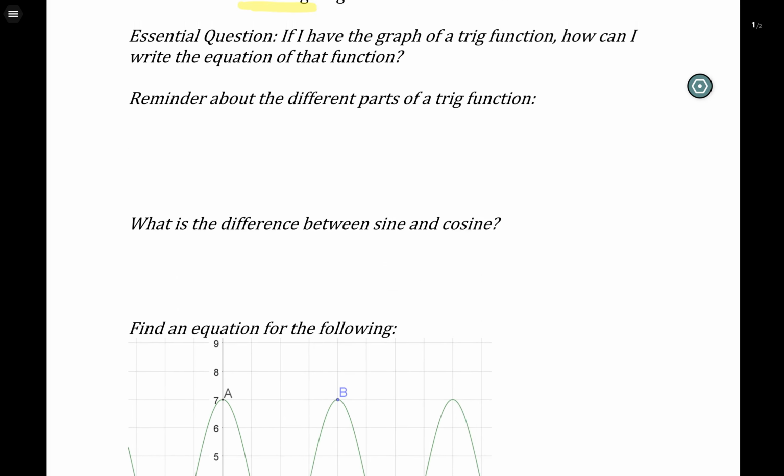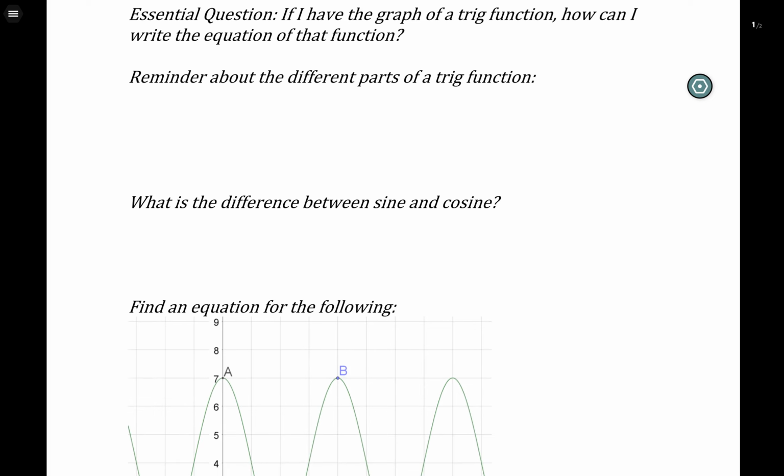In order to make the equation from the graph, I need to remind myself about the different parts of the trig function. So let me just remind you, we have a sine bx plus d. Now, problems that we did in class sometimes had a horizontal shift in here that we would maybe call c. All the problems I'm going to give you aren't going to involve that horizontal shift left and right. So let's remind ourselves what is going on with each of these letters.